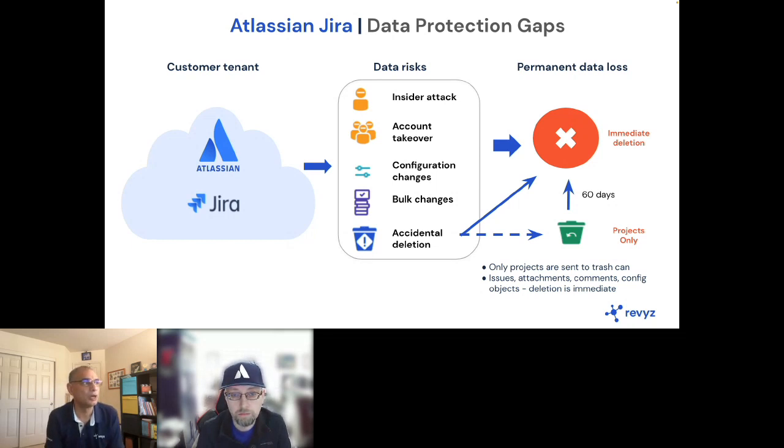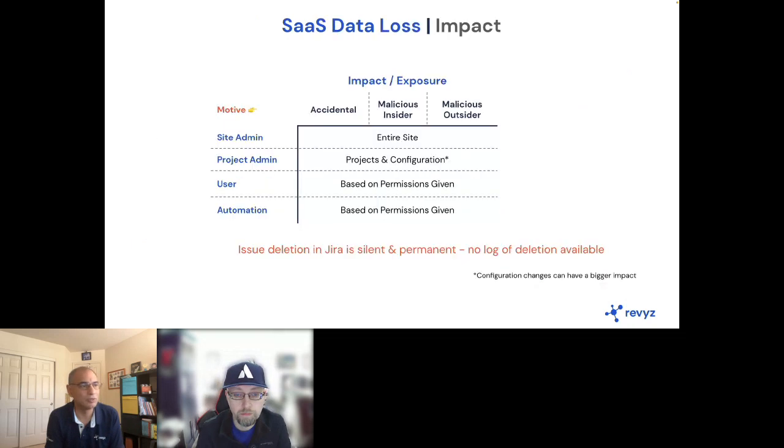I just want to give you a sense of what the scope or exposure could be in terms of data loss. It depends on who the person is within your Jira Confluence environment who's taking that action.